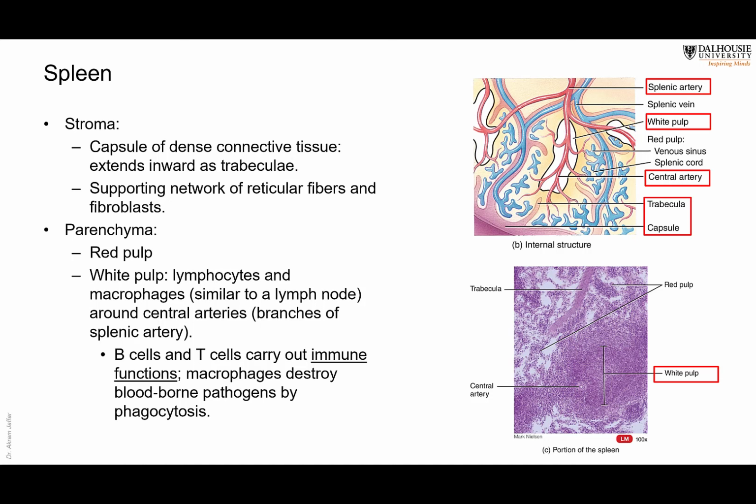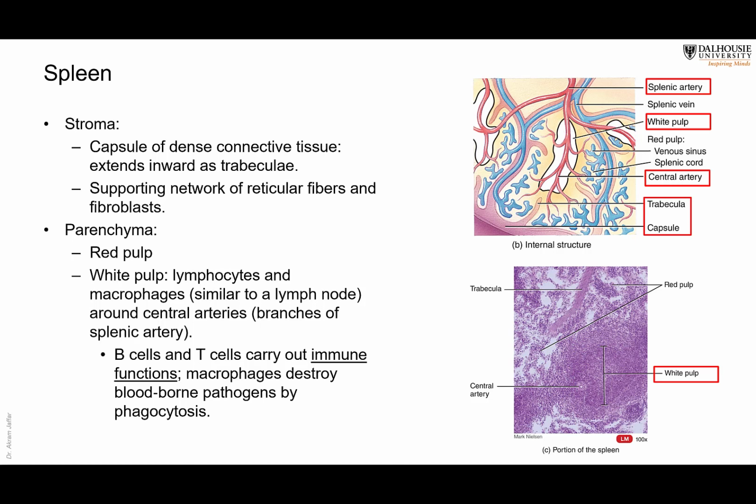Cortex and medulla are present in the lymph node, but not here. Instead, we have aggregates of lymphoid cells surrounding a blood vessel, and this is what we call the white pulp. It's not white in color, but because these cells are white blood cells originally, that's why it's called white pulp. And then there are other areas which are called red pulp because they are filled with blood.